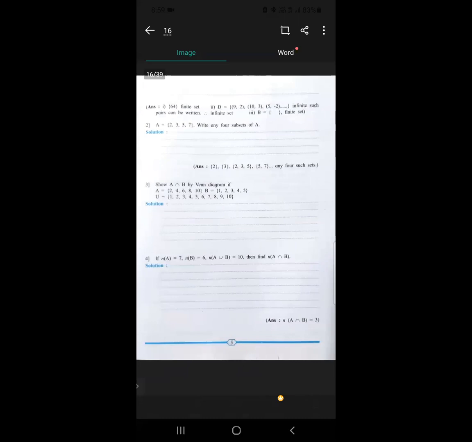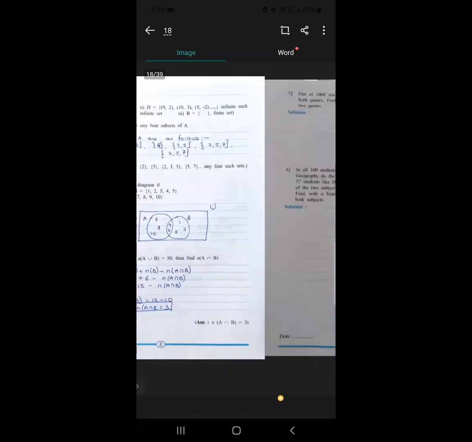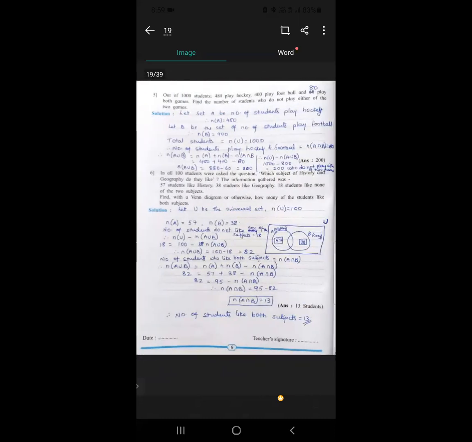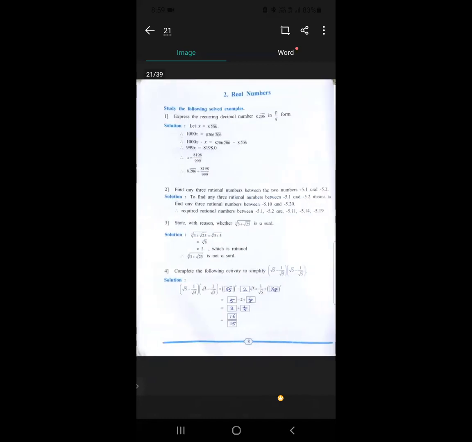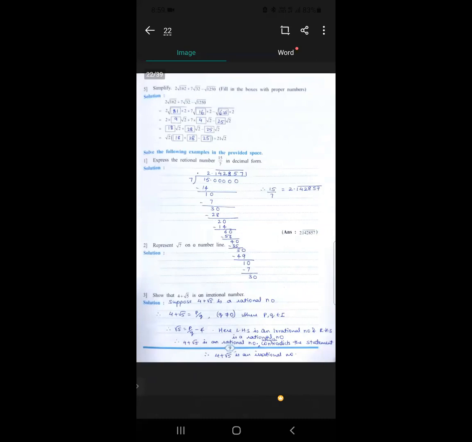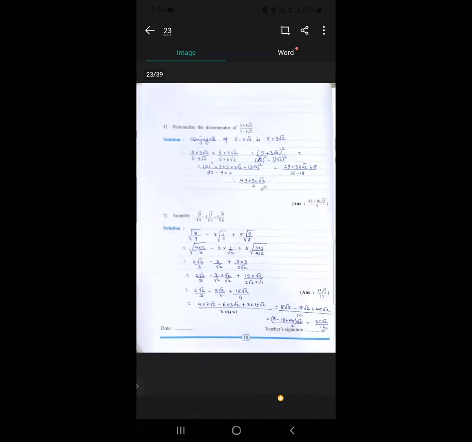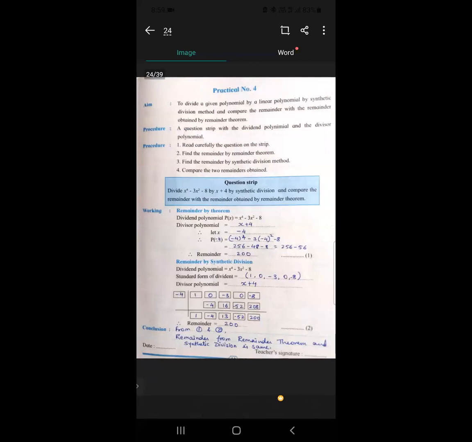This is how we have done it in the previous session, all the practicals along with the solved examples. You can use the pencil for the diagram wherever necessary, and the pen itself for solving the sums.